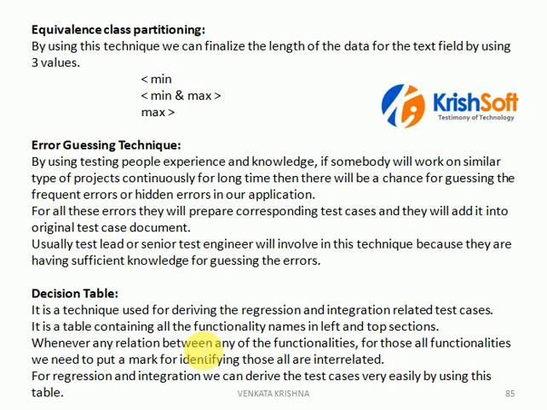So the error guessing technique is done by experienced people using their knowledge. The experienced people write some test cases where they think we may get bugs in our application. That is the error guessing technique.